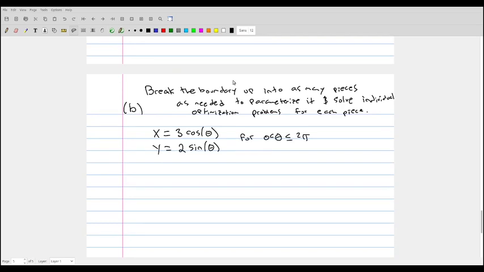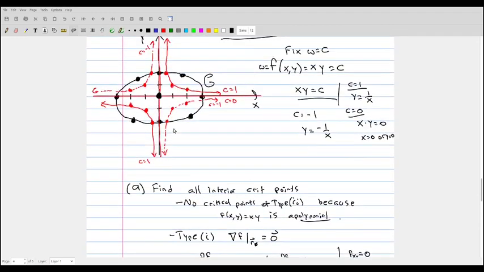And what this does is it gives us the x coordinate and the y coordinate in terms of that one angle theta, for every single point on the ellipse. So for instance, this point right here is given by the angle, well, this angle is 90 degrees, or pi over 2, and this looks like it's about 1/3 of pi over 2, so pi over 2 over 3, which is pi over 6.